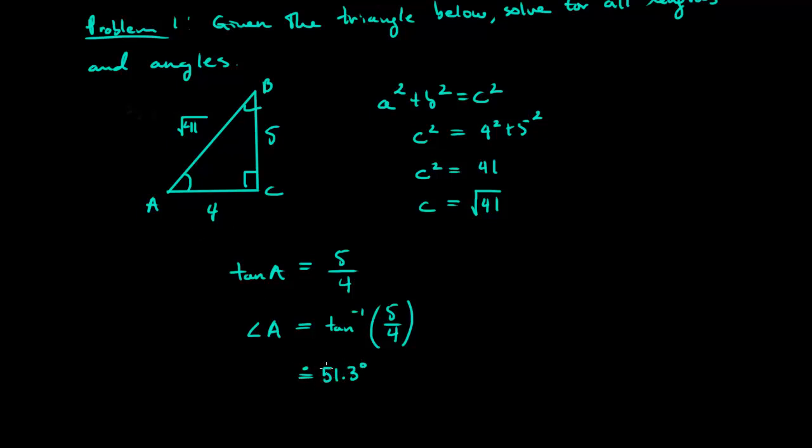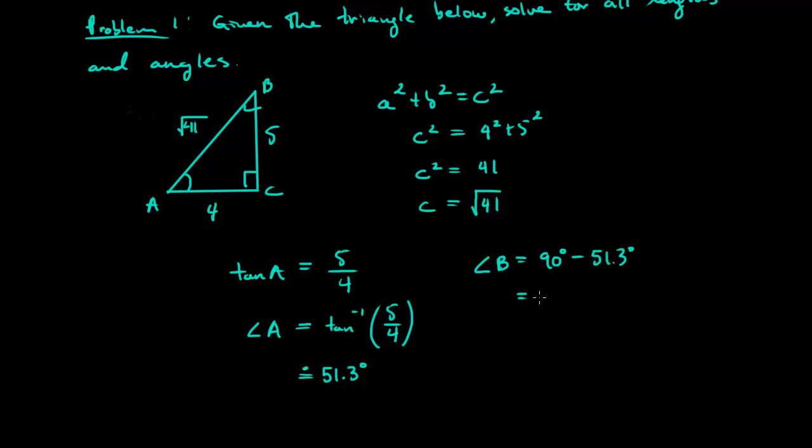We could use a trigonometric ratio to figure out what angle B is as well, or we know that this angle is 90 degrees, angle A is 51.3 degrees, and all three of these angles have to add to 180. So angle B is equal to 90 degrees minus angle A, which is 51.3 degrees.